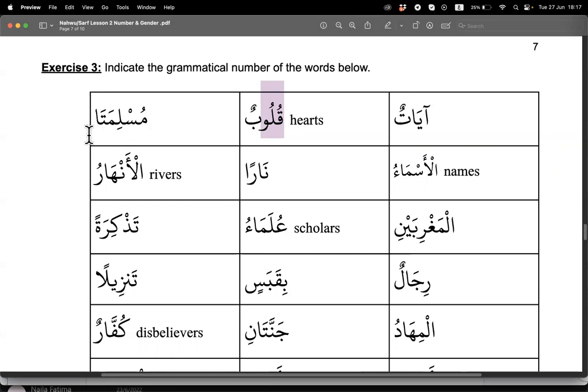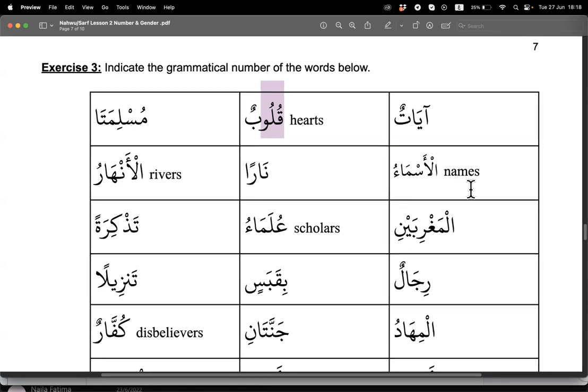So what is the status for Tani? Tani is Rafa. Good. Singular, dual or plural? Dual. So Rafa, dual, feminine or masculine? Feminine. How do you know it's feminine? With the ta. Very good.